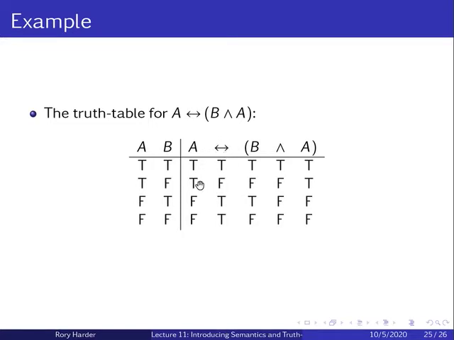So we compare the truth value of A, which is true, but then the truth value of B and A, which is false. And then given the meaning of the biconditional, both parts have to have the same truth value, but they do not here, so we write false. So on this valuation, where A is true and B is false, the entire sentence is false. And we do a similar thing to fill out the other two rows.